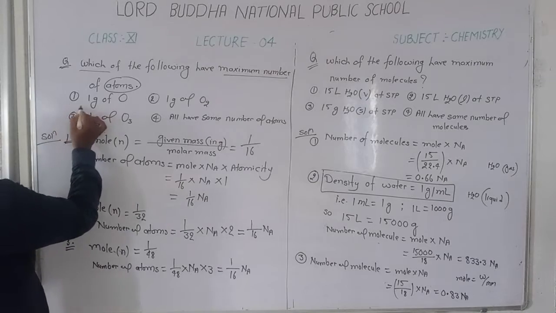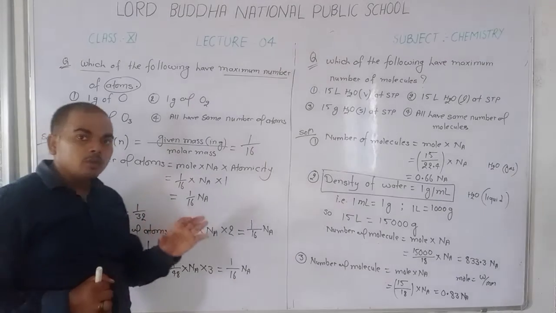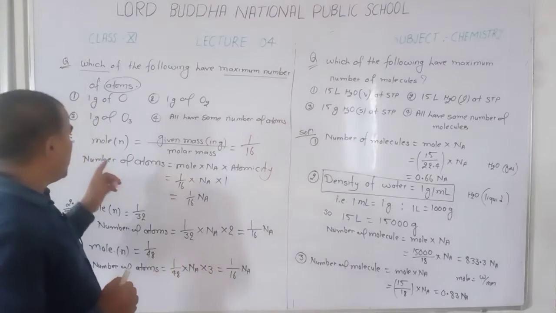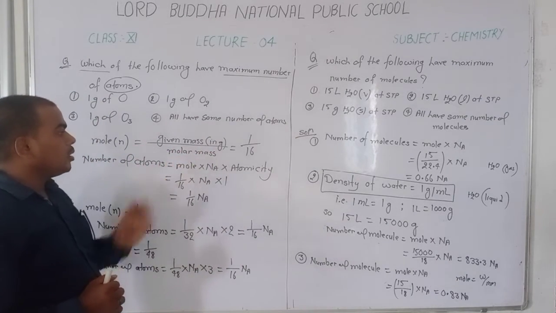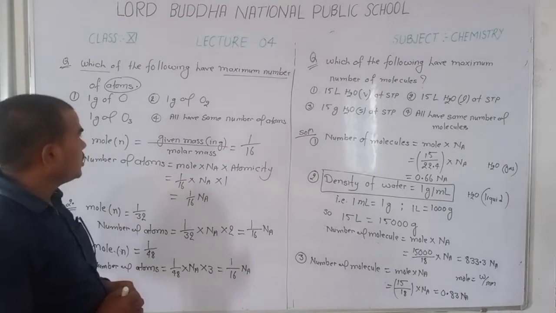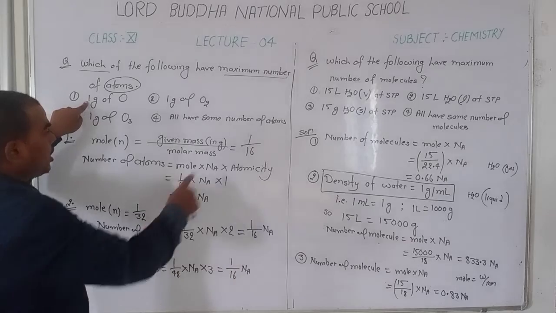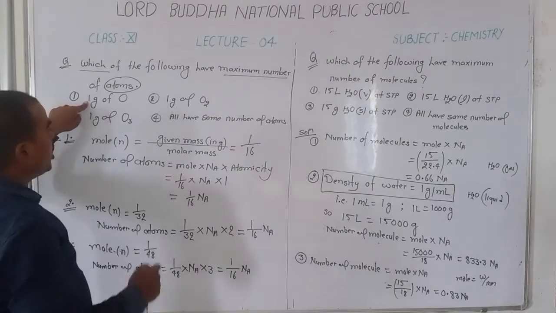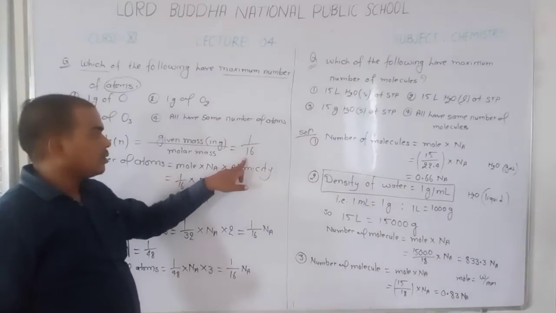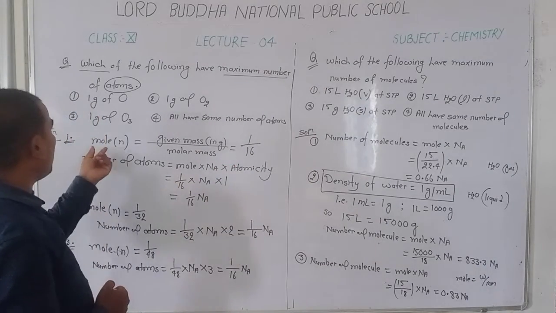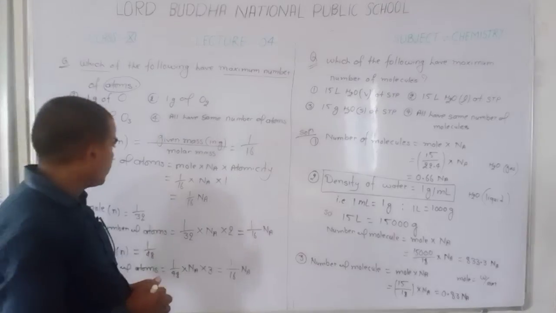First, the calculation for 1 gram of oxygen atom. The formula of mole is given mass in gram upon molar mass. In the question, the given mass is 1 gram and the atomic mass of oxygen is 16. Therefore, the mole of 1 gram of oxygen is 1 by 16.